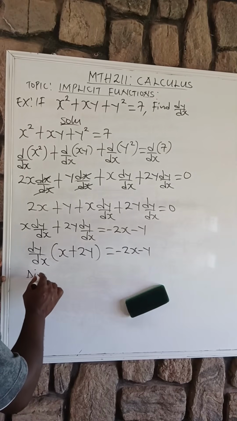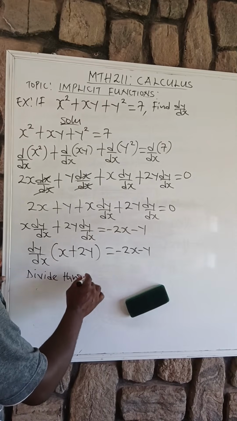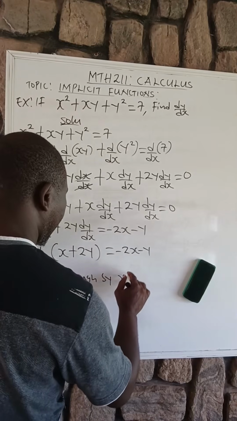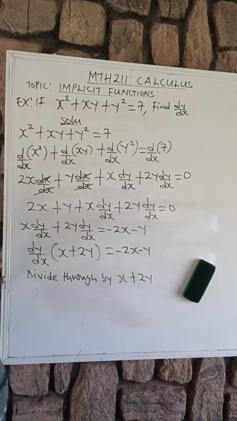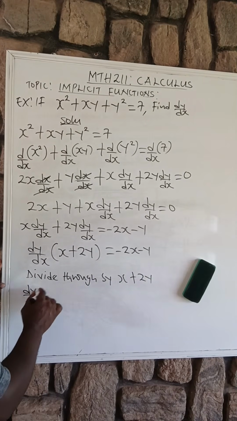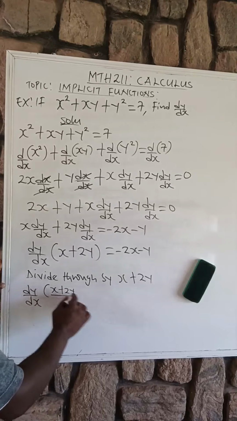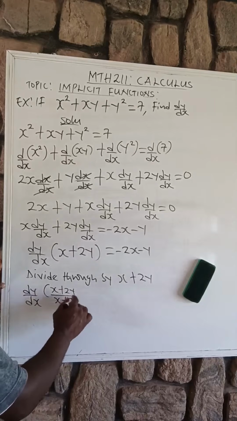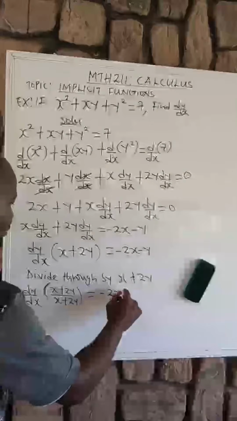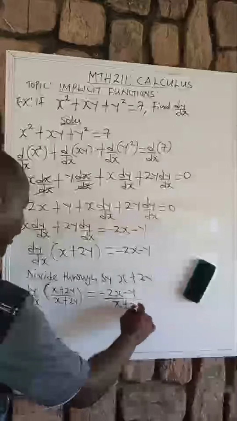Divide through by x plus 2y. I love that. So here dy all over dx, open bracket x plus 2y all over x plus 2y, equals to minus 2x minus y all over x plus 2y.